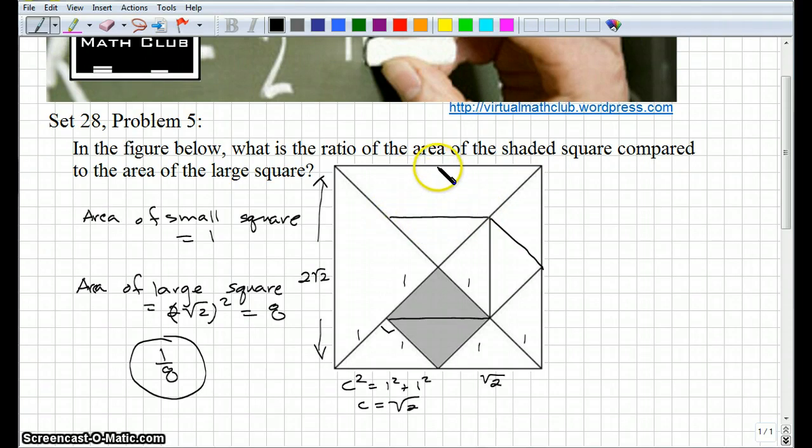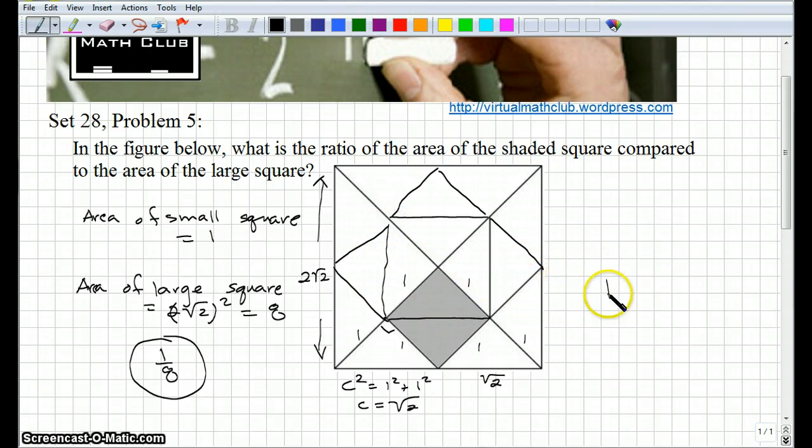We could just draw the smaller triangles in there. So essentially we're just breaking up the whole figure into congruent shapes. Each large triangle is made up of 4 congruent small triangles. And we have 4 large triangles, so 4 times 4 is 16.